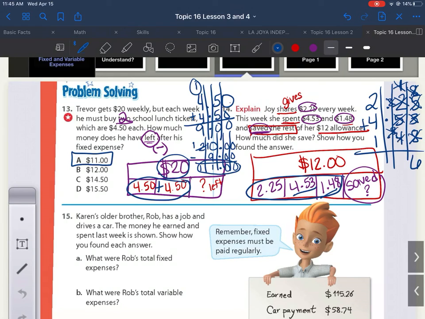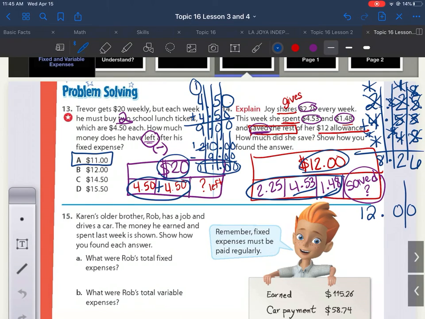Plus 5 makes an 8. Plus 4 makes 8, 12. 2 plus 1 is 3. Plus 4 is 7. Plus 1 is 8. So how much did she spend? $8.26.